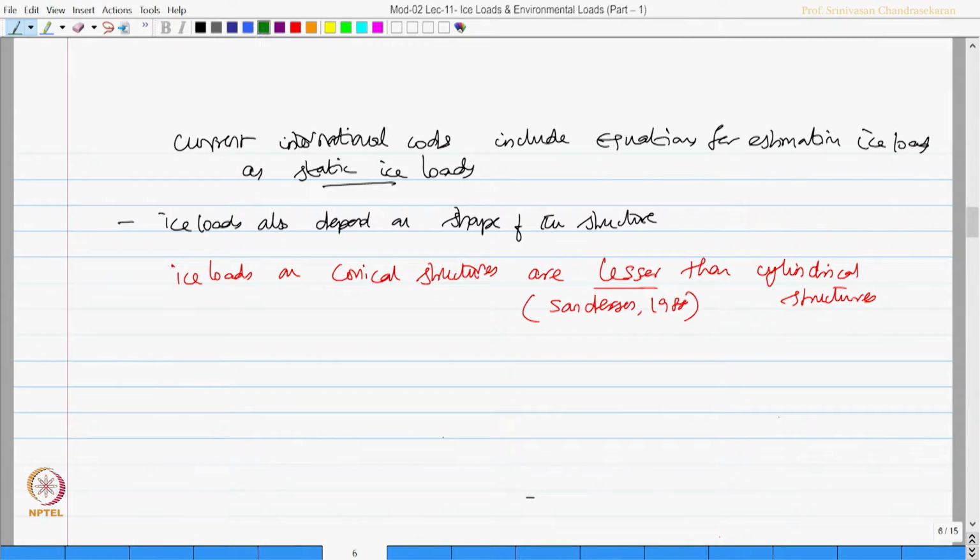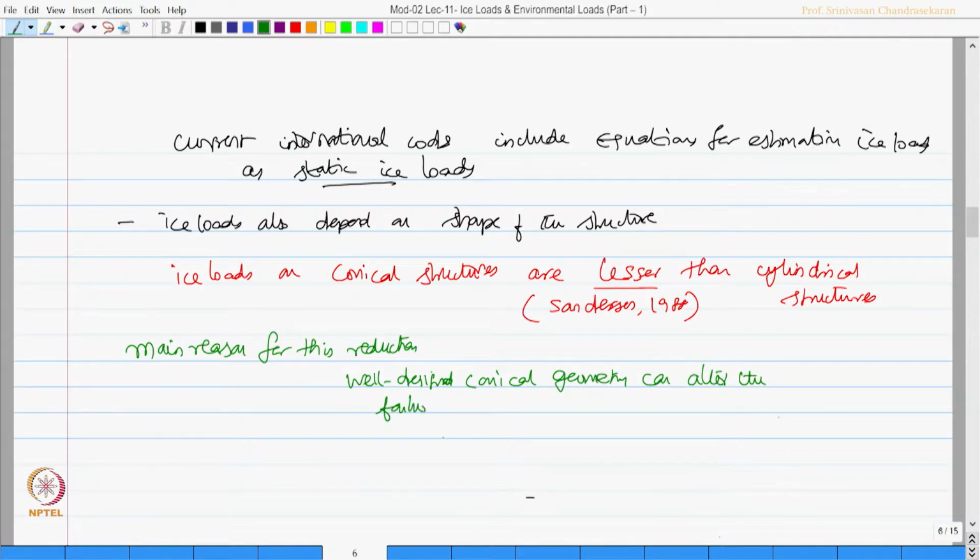The main reason for this reduction is due to the fact that the well designed conical geometry can alter the failure mode of the structure caused by ice from crushing to bending. That is the reason.